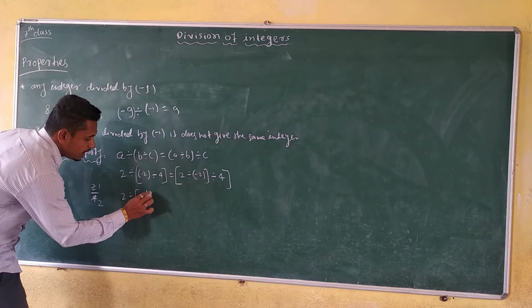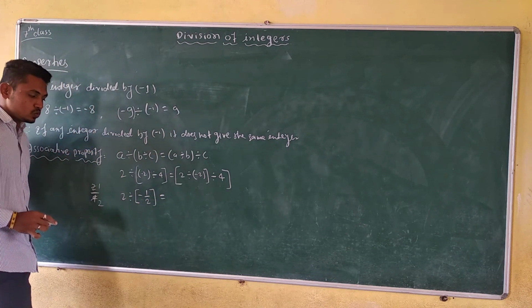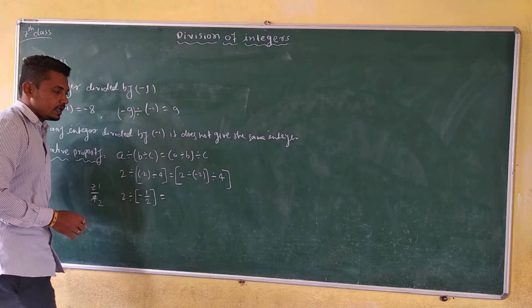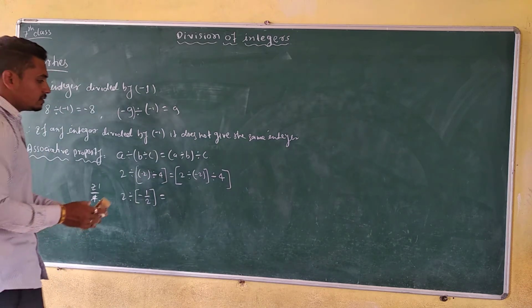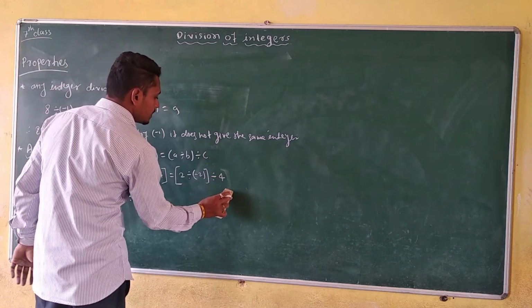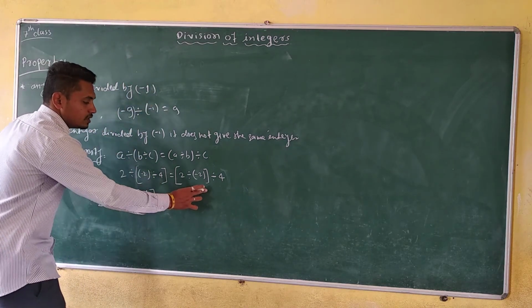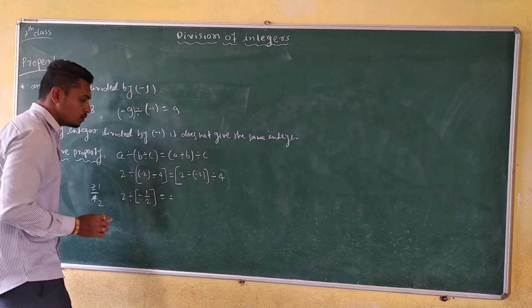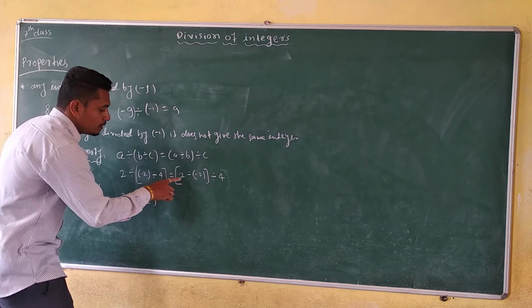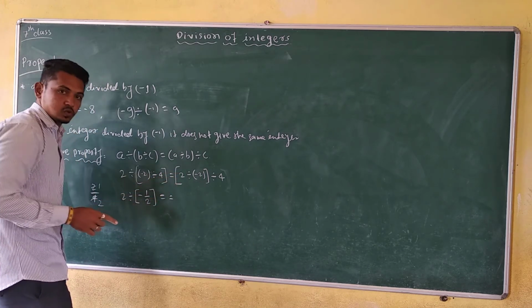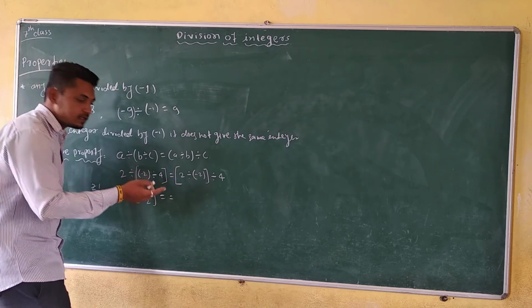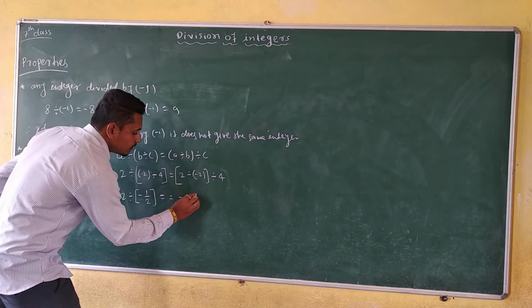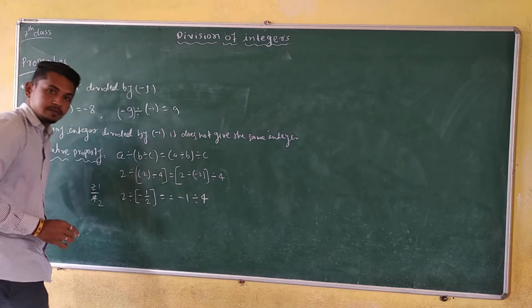First we have to solve this bracket. The other side is 2 divided by minus 2, so plus divided by minus, then 2 divided by 2 is 1, and divided by 4, as it is.